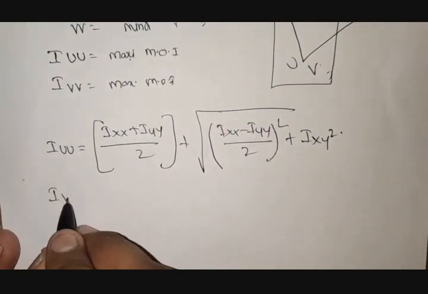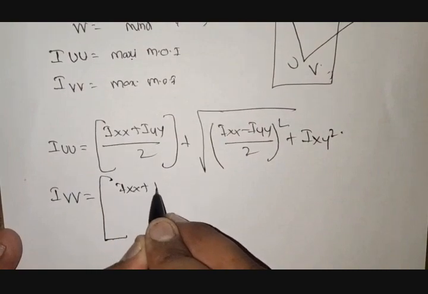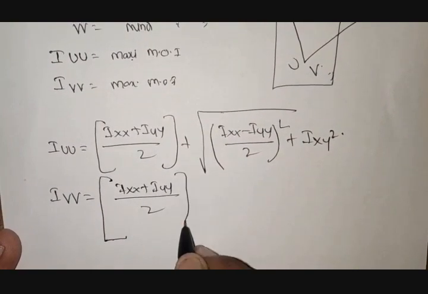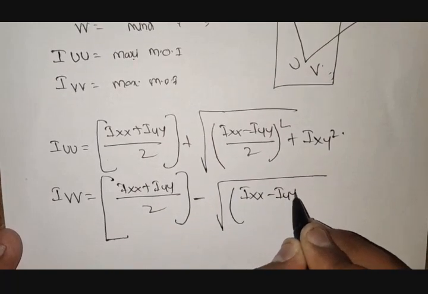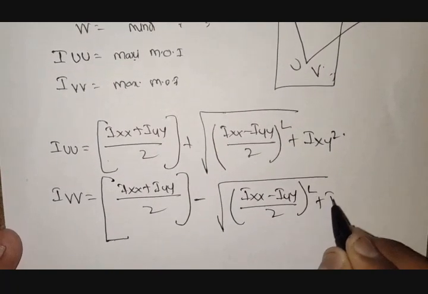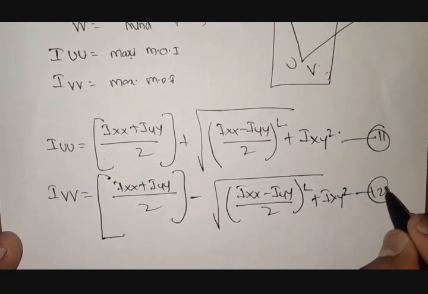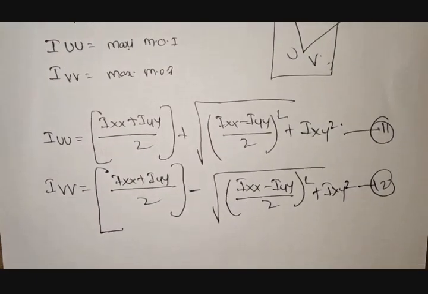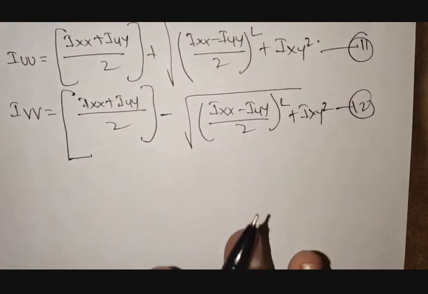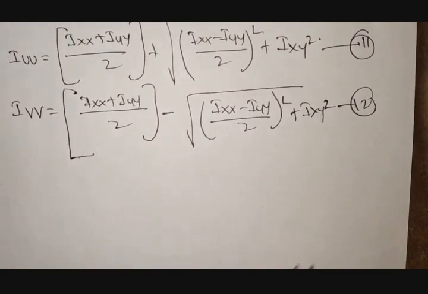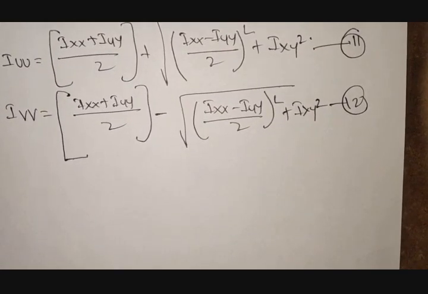Similarly, Ivv is (Ixx plus Iyy)/2 minus root of ((Ixx minus Iyy)/2) whole square plus Ixy whole square. Make these equation number 11 and equation number 12. These equations are known as the principal moments of inertia.